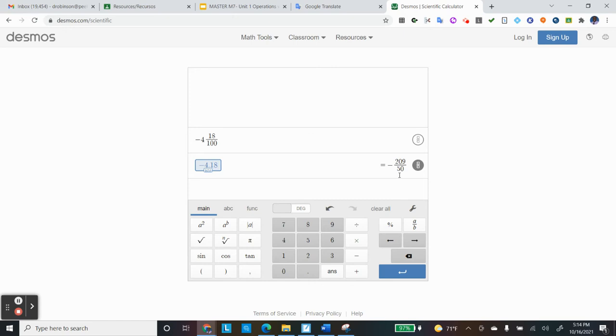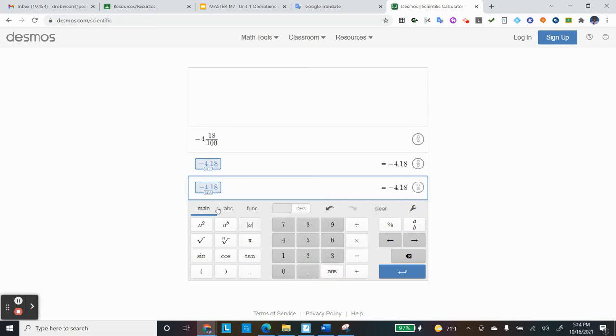Now, how do we go from there back to a mixed number? And our mixed number was -4 and 18/100. So we want to go back to a mixed number, and hopefully it'll simplify, because I notice 18/100 should be simplified. So let's simplify it down to its lowest terms. So what do you do, Dr. Rob? Well, let me put this back as a decimal.